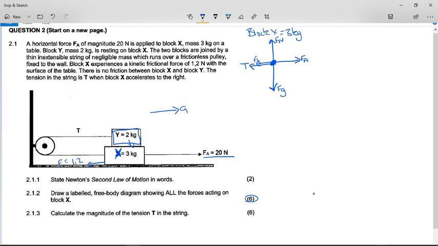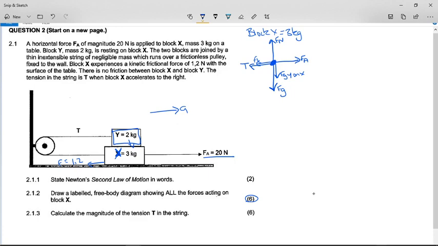It will be pushing downwards, and so there will be a force here. This is also a weight force, but it is the weight of Y on X, because Y is pressing down on X and its force is going straight downwards. So there we go. There are my 6 arrows coming out of the diagram, all neatly labeled.